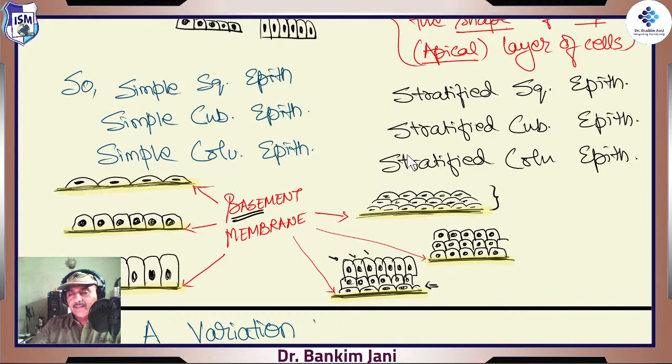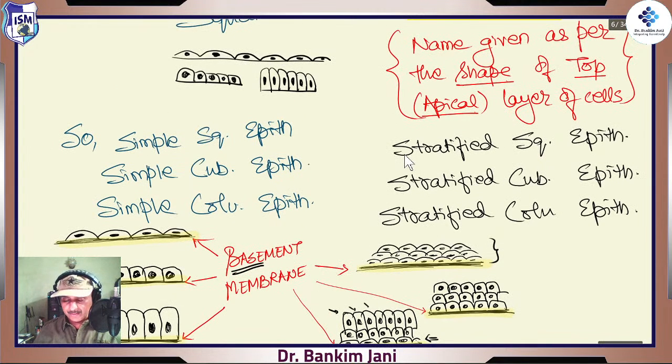So 1 layer, 2 layer, 3 layer, 4 layer, no problems. Even cuboidal is okay, but in the case of columnar, these large cells, when they stack themselves one over each other, those bottom cells start going down because of the pressure. So that's why we made one rule for what name to give: you'll give the name as per the shape of the top layer.